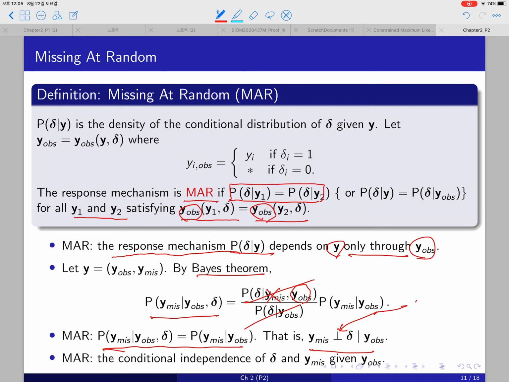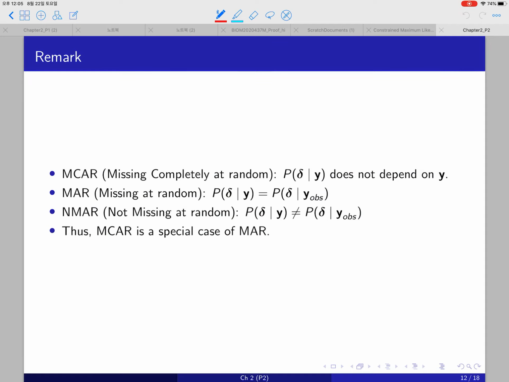This is the notation for independence, but with a given, so it is a conditional independence. So missing at random means y miss and delta are conditionally independent given y observed. That is the important concept.